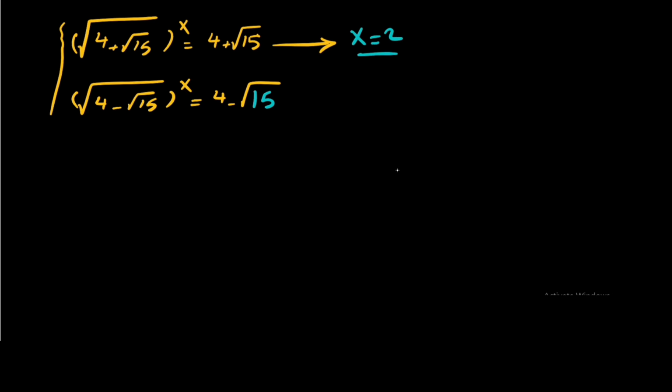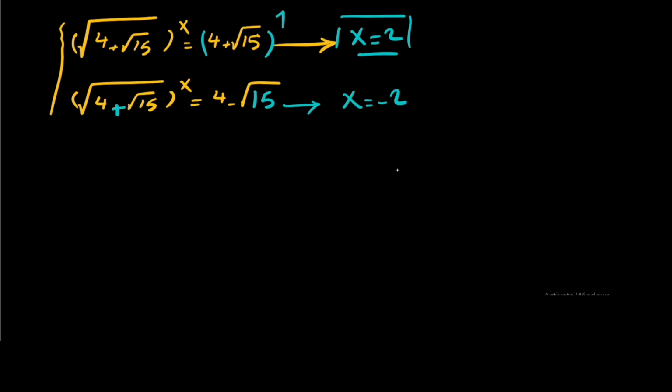Because if you want to write it, that's equal to 4 plus square root of 15 to the power of 1, and on the left side we have x over 2 for the power, so it means x is equal to 2. And the second one, oh sorry, that was positive, 4 plus square root of 15, yeah. If you look at the second one, x is equal to negative 2.